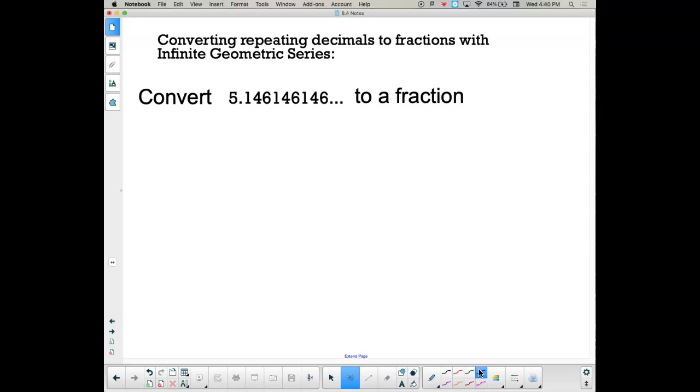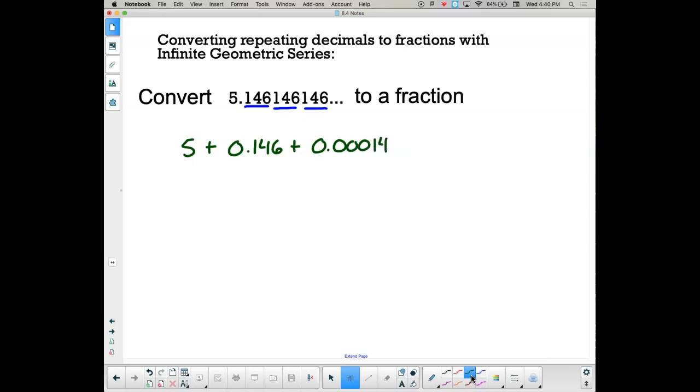All right? So what's repeating? Well, the 146 is what's repeating. So I can write this as 5 plus 0.146 plus 0. Now I've got to fill in 3 spots because I used 1, 4, and 6.